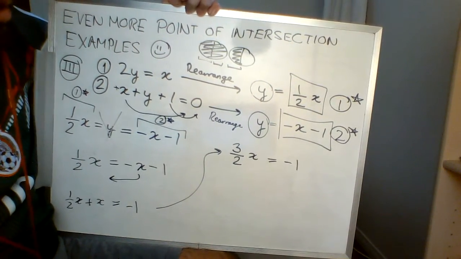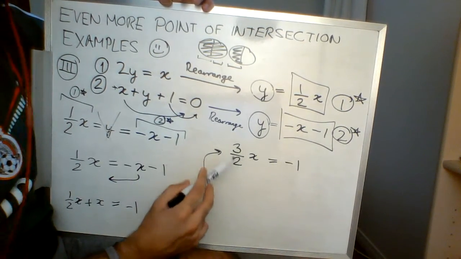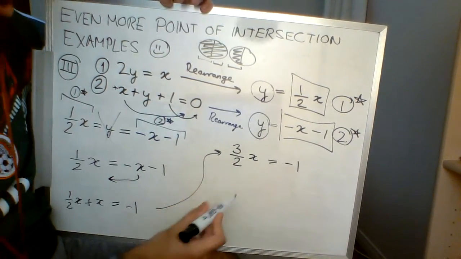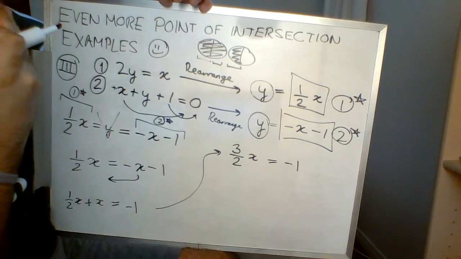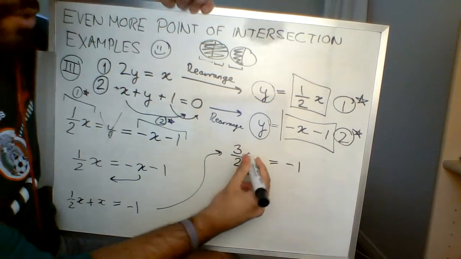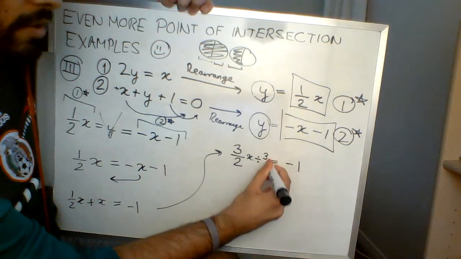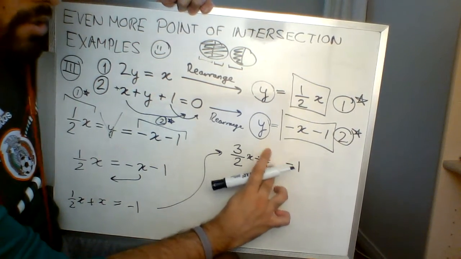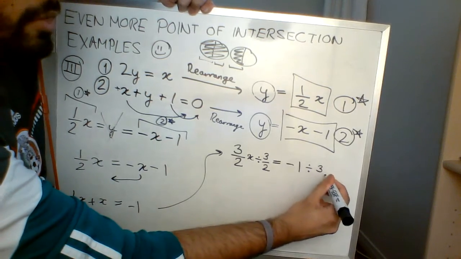So now we're going to go through the same process that we had in the last problem, where we don't want 3/2 x, we want just x. So I'm going to divide by this fraction, where the shortcut is basically going to be that on the left side we make sure it cancels out, right? But basically what we're doing is 3/2 x divided by 3/2, which means I have to do the same thing on the other side. So -1 divided by 3/2.